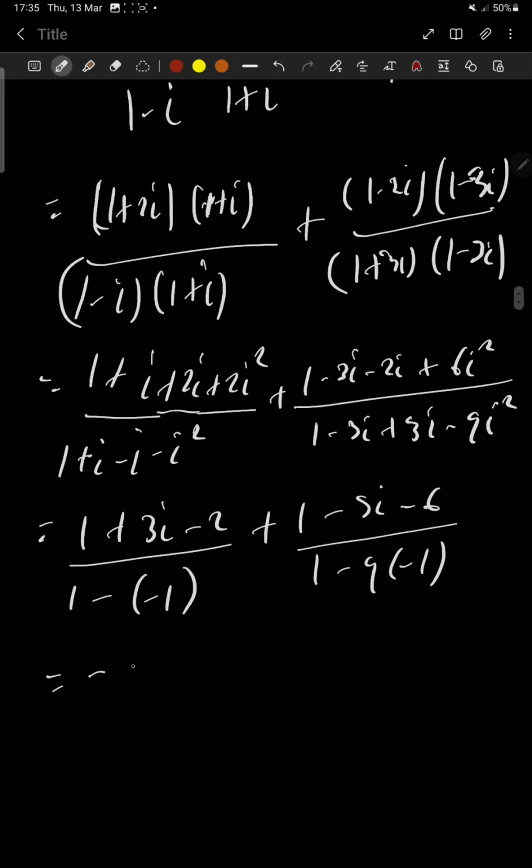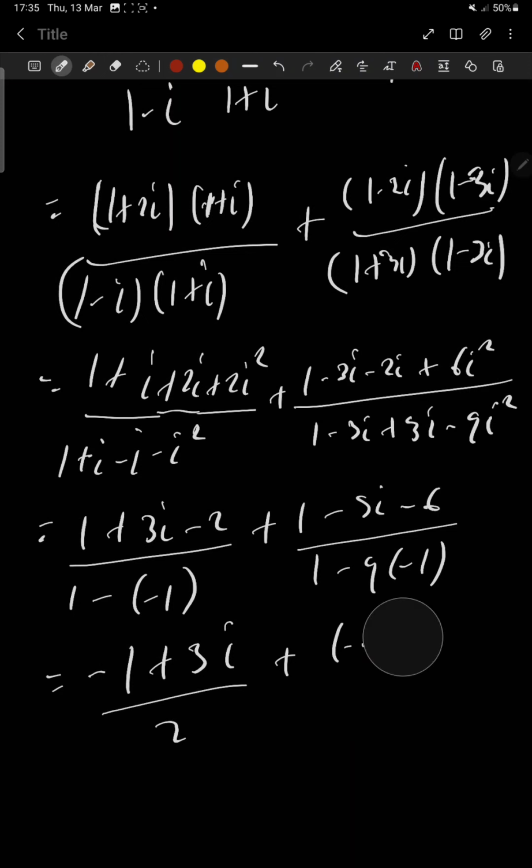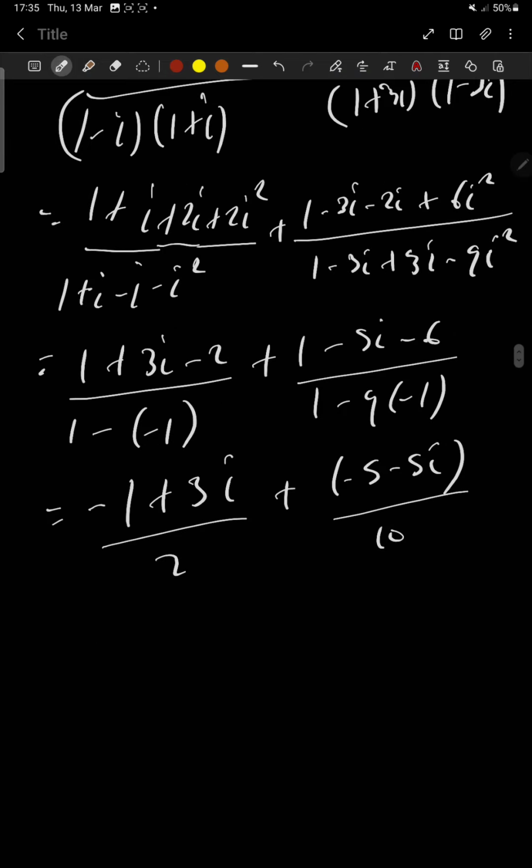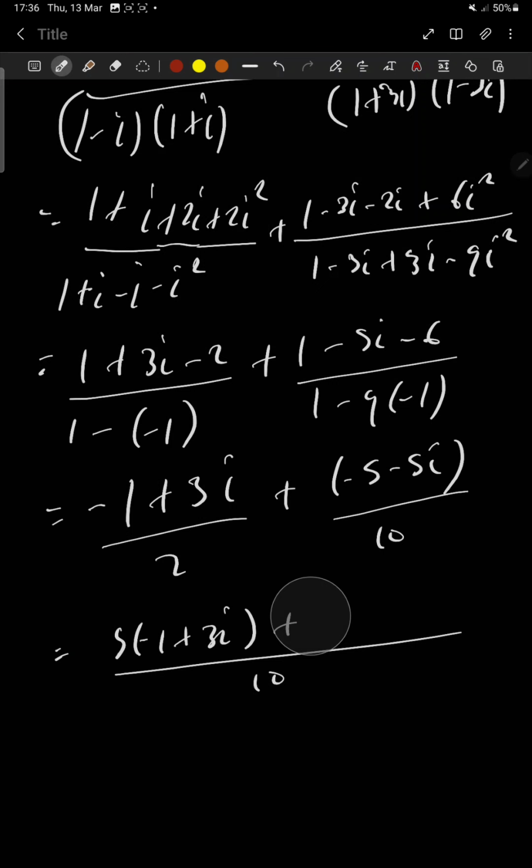So this will be negative 1 plus 3i over 2 plus negative 5 minus 5i over 10. And I can make this a single fraction, so this will be 5 times negative 1 plus 3i, then plus negative 5 minus 5i over 10.